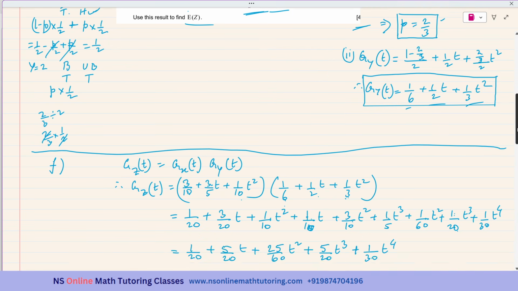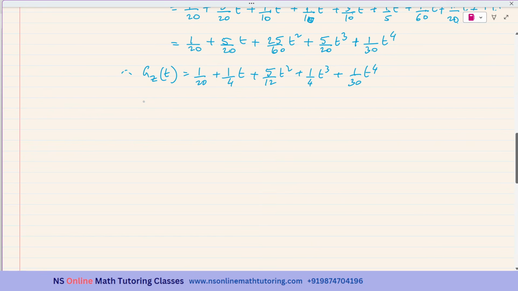So first of all, let us find the first derivative of this expression. So this is equal to 1/4 plus 5/12 times 2t plus 1/4 times 3t² plus 1/30 times 4t³.